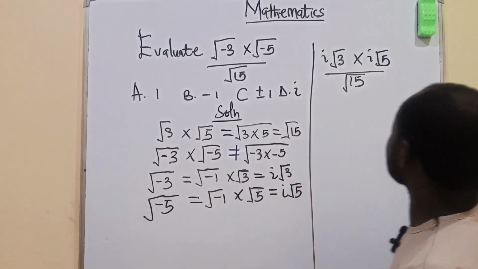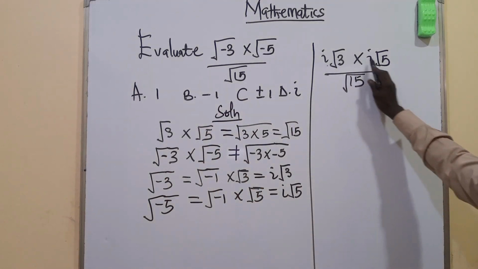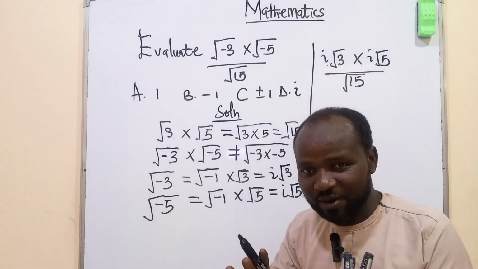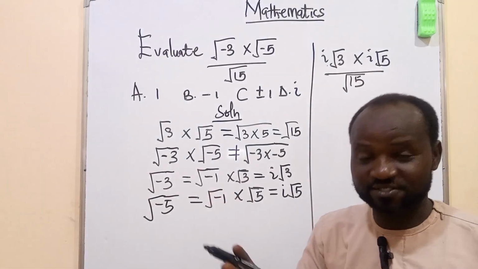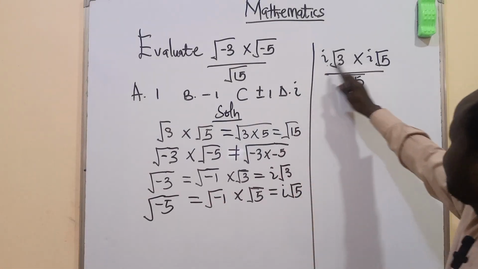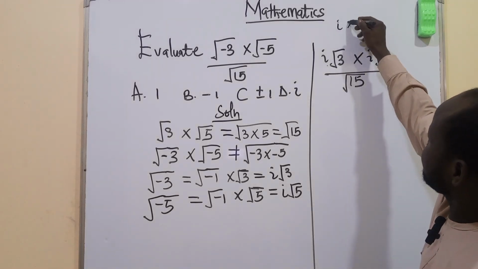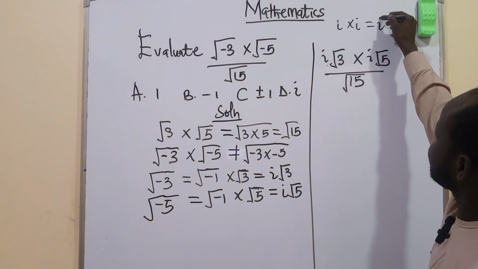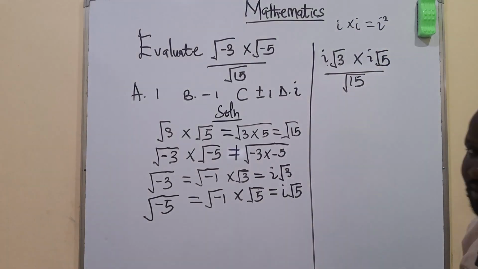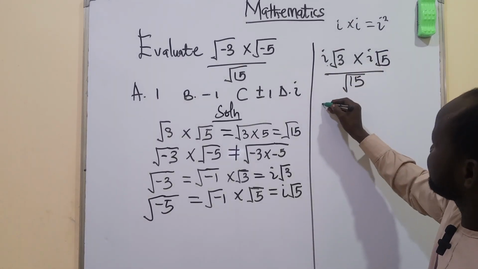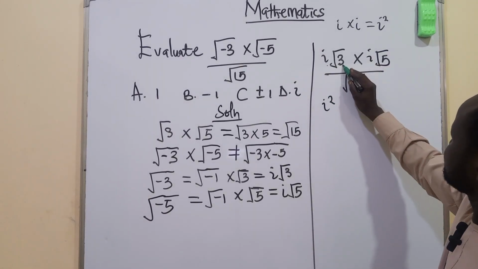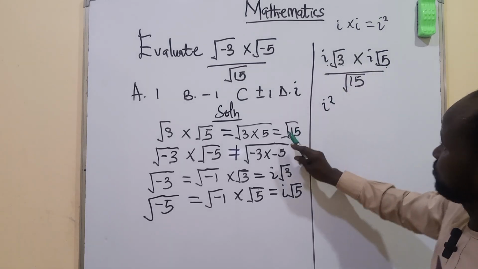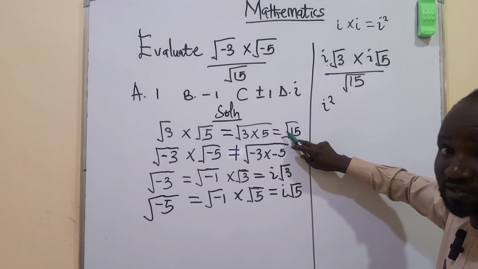Let's continue. i times i, under complex number, we have to go to the world of complex number now. i times i is nothing but i squared. So i times i is i squared, then root 5 times root 3 will be root 15. We have established that fact here.